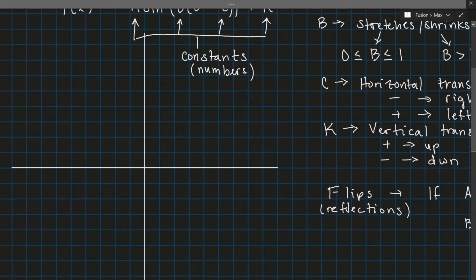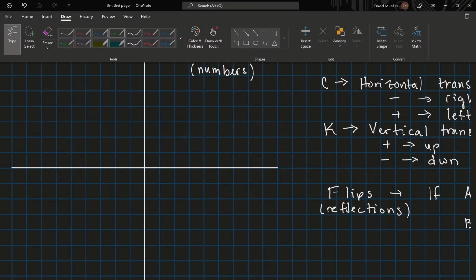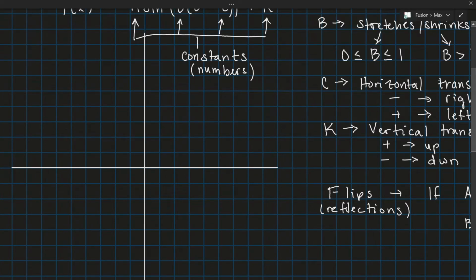So let's start out with the sine function. Remember, the value of the sine function is the y coordinate on the unit circle. The y coordinate.